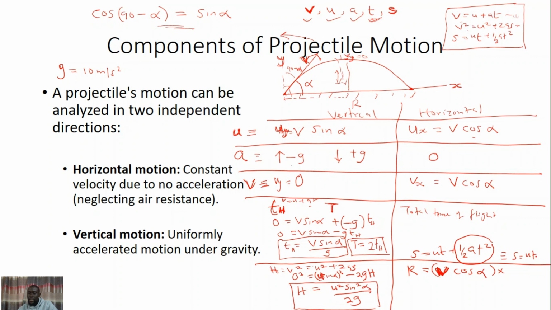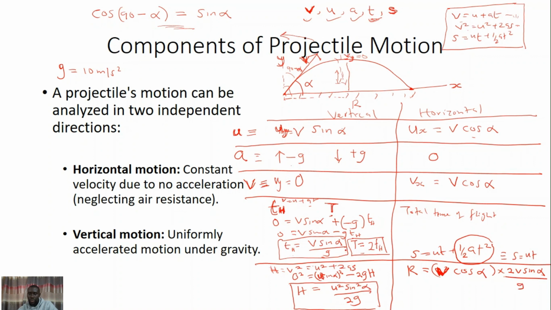Now the t here will be the total time of flight, which is 2 times the time to reach the maximum height, so that will be 2u sine alpha divided by g.